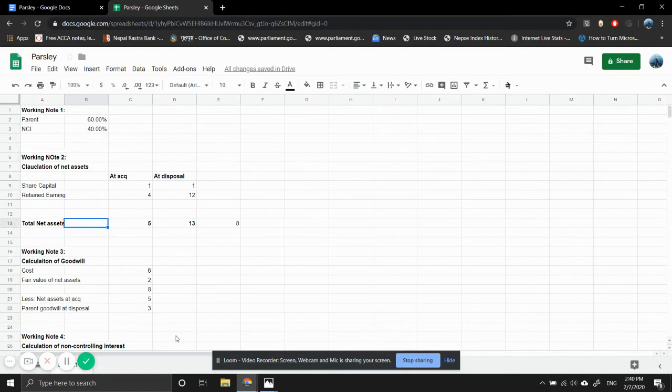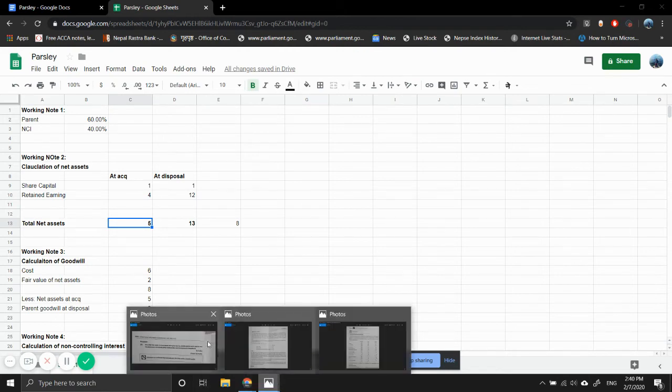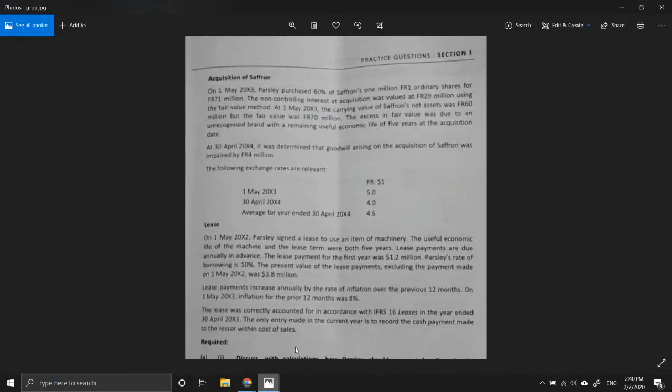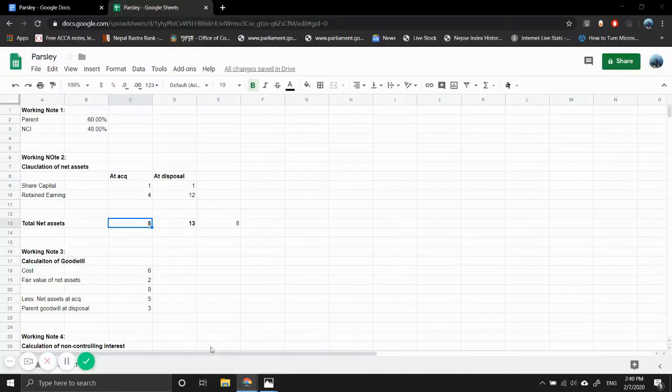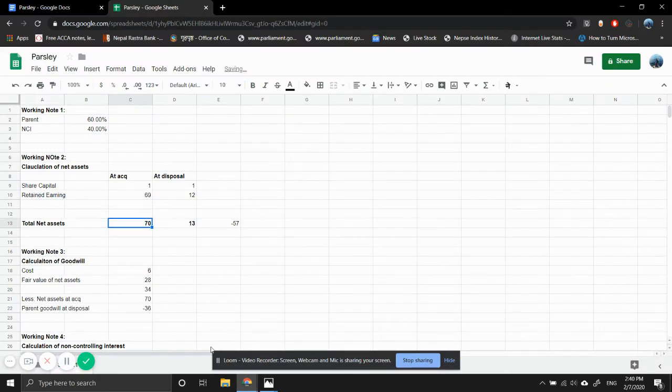Total net assets was, how much was the fair value of net assets? 70. Whereas this was only 60, right?